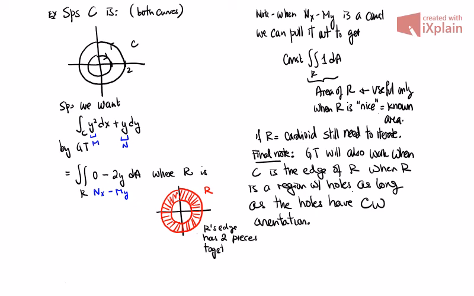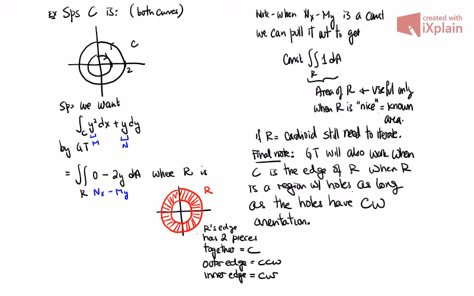Together, they are C. On the outside edge, I go counterclockwise, right? So outer edge is counterclockwise. Inner edge is clockwise. So Green's theorem has this sort of exception. Basically, loosely, you're doing the outside and you're subtracting the inside. And to subtract the inside, you have the opposite orientation. It's a little more technical than that, but that might give you an idea about why the orientation has to change.